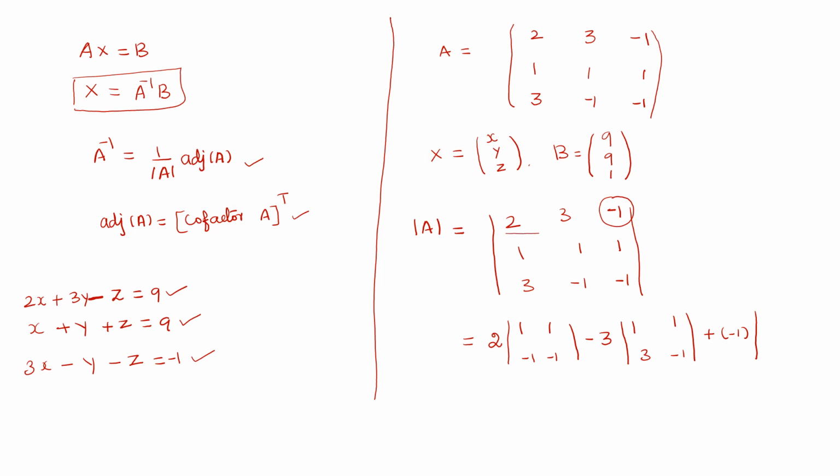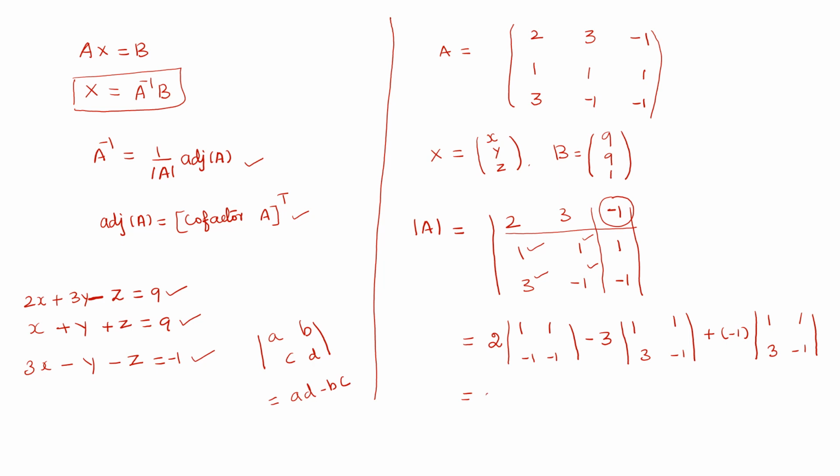So at that time you remove the first row and third column. So you get 1, 1, 3, and -1. Now we simplify the value. How to simplify? If a matrix is a, b, c, d, it can be expressed as ad minus bc.